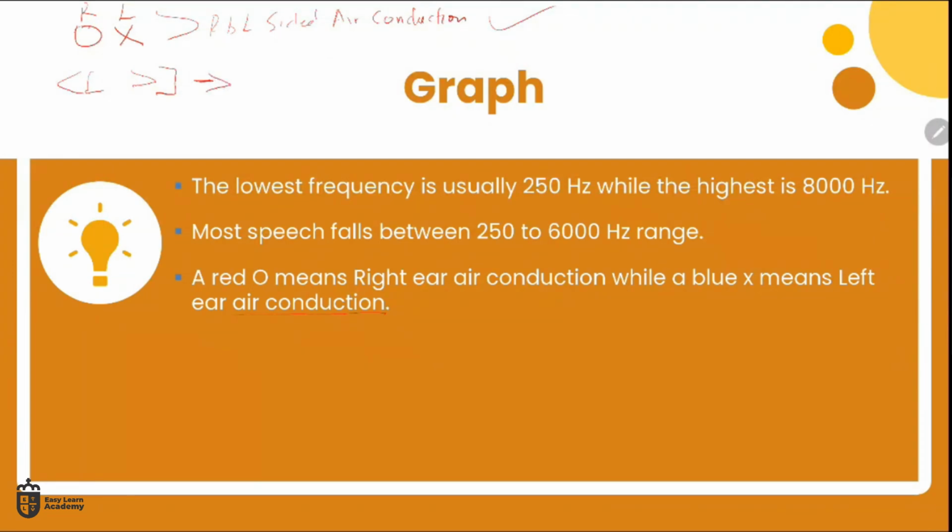If you see the first one, this one or this one, then we are talking about a right-sided bone conduction. If you see this one or this one, we're talking about a left-sided bone conduction. So both signs represent bone conduction, but it depends on whether it's left or right.